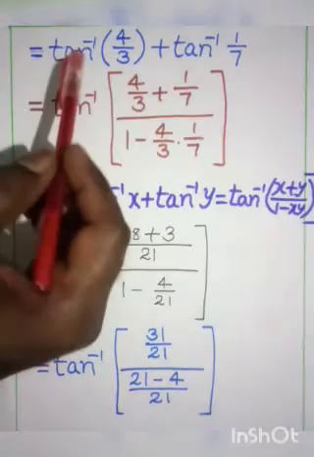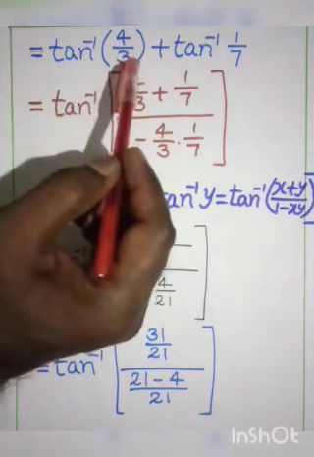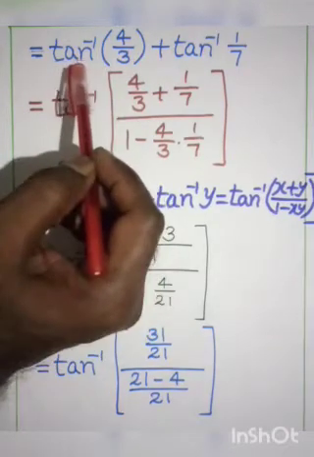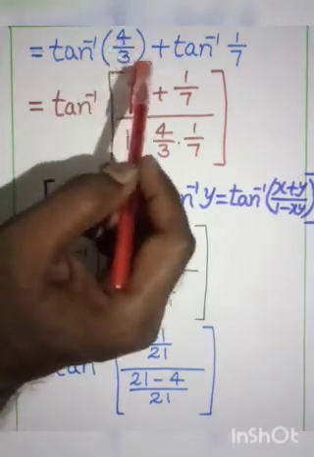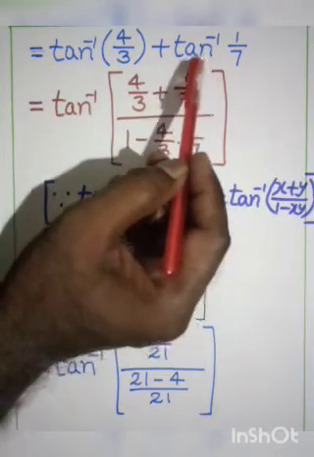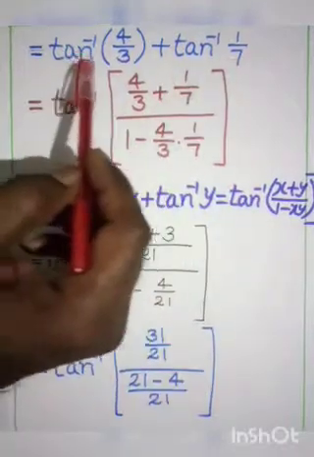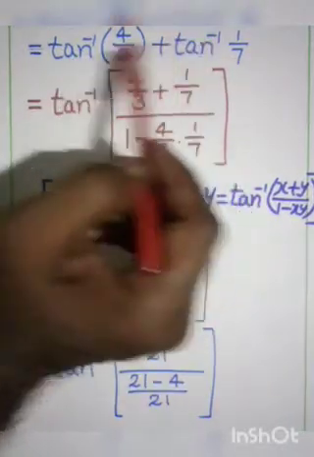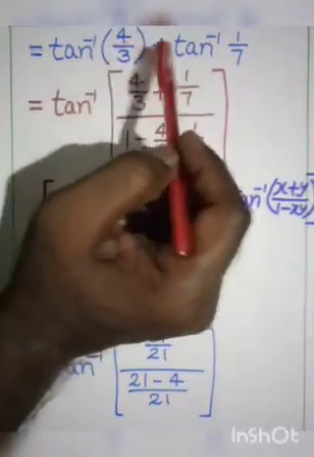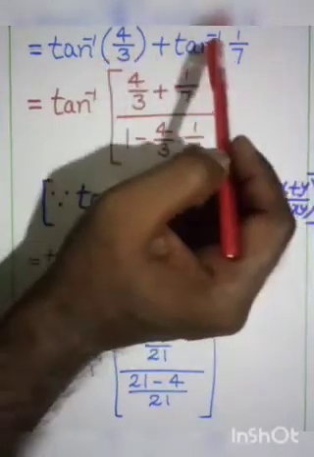That is equal to tan inverse of 4 by 3. By simplifying the first term you get like this, tan inverse of 4 by 3 plus tan inverse of 1 by 7. Now if we observe this step, this is in the form of tan inverse x plus tan inverse y, isn't it?